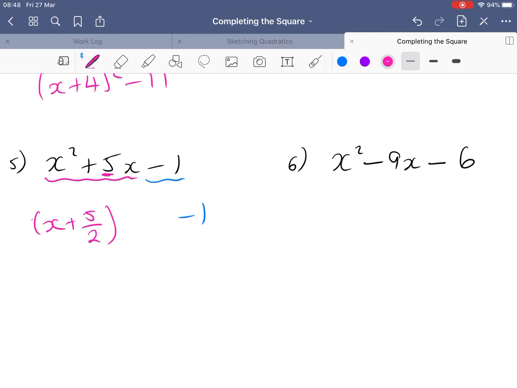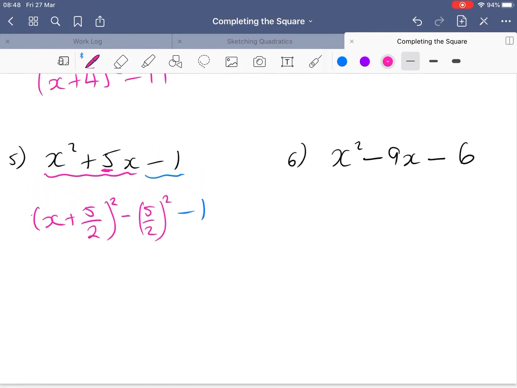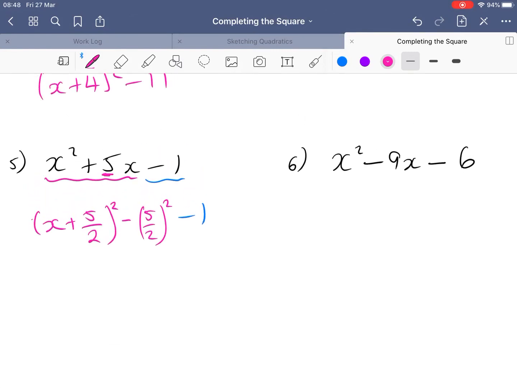So I've got in brackets x plus 5 over 2 squared, and then I need to take away this extra part, this 5 over 2 squared. And this is why we want fractions, because fractions are really great when you've got to do quite complicated things like this. Because I need to work out what 5 over 2 squared is.